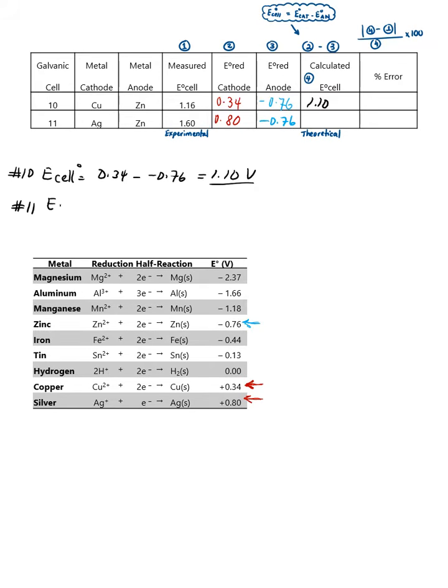So you calculate your standard cell potential, 0.80 minus 0.76. So you have the cell potential for your galvanic cell number 10 and galvanic cell number 11.